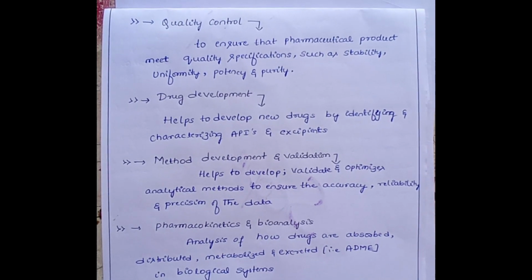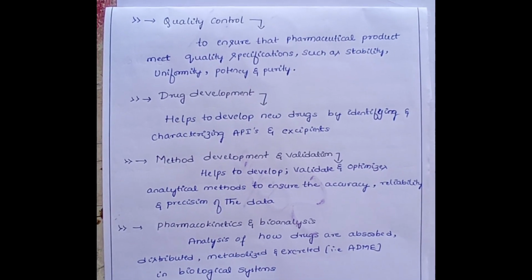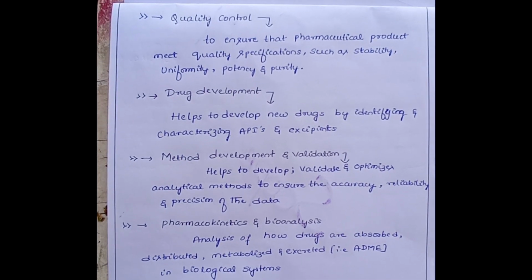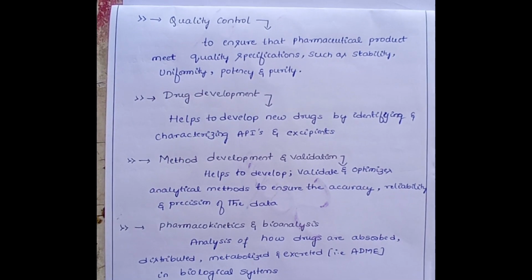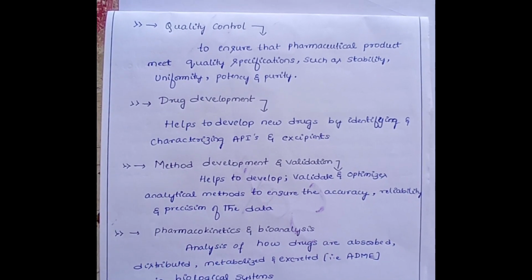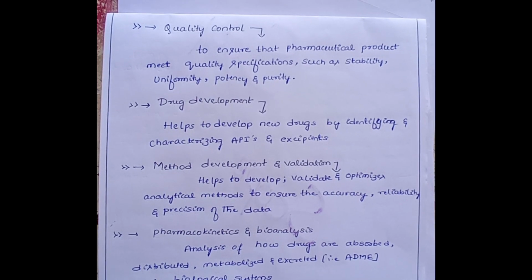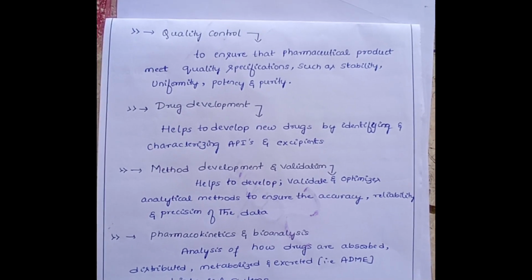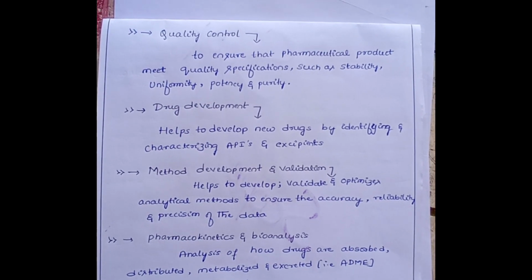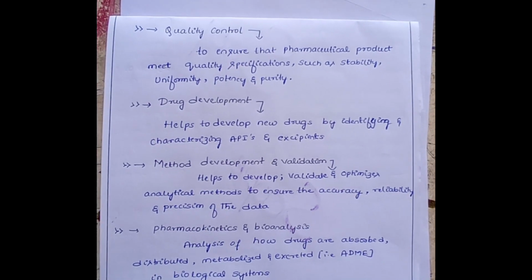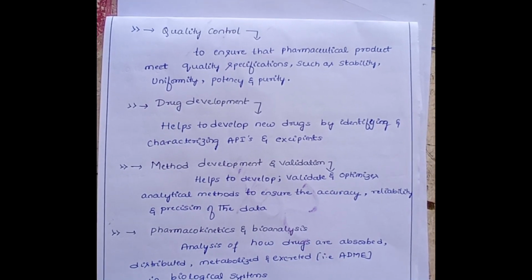Coming to quality control, here pharmaceutical analysis is essential to conclude that the pharmaceutical product is stable, and the uniformity, potency, and purity meet the quality specifications before entering the market. Then drug development. Pharmaceutical analysis helps in developing a new drug by identification and characterization of active pharmaceutical ingredients and excipients.